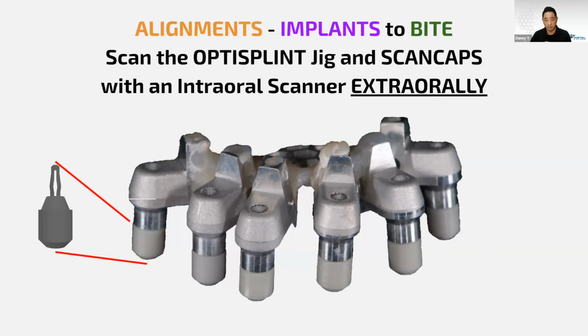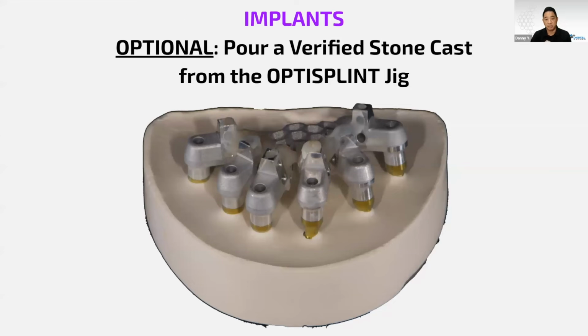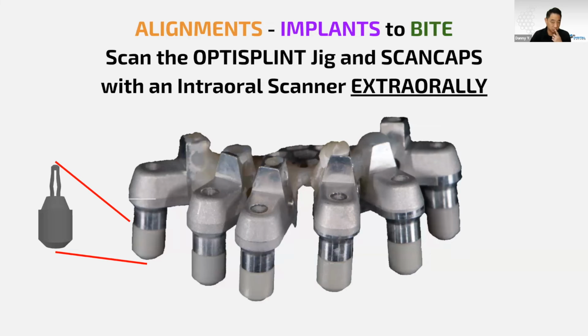Either way, capturing them with the scan caps will make it a little bit easier to align if you don't want to use the digital library to align it. But ultimately, being able to capture this with a desktop scanner is ideal. Or actually, this one I was talking about the intraoral scanner.